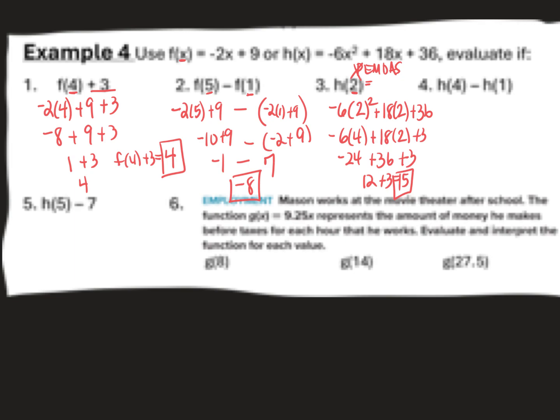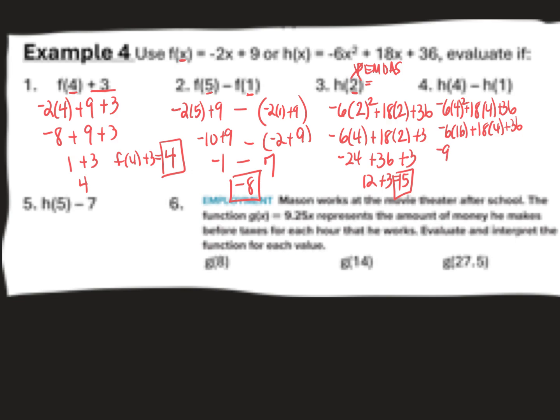Now h of 4 minus h of 1. So h of 4, I'm going to substitute 4 in here: negative 6 times 4 squared plus 18 times 4 plus 36. Let me go ahead and do that value first. So negative 6 times 16 plus 18 times 4 plus 36. Negative 6 times 16 is negative 96.